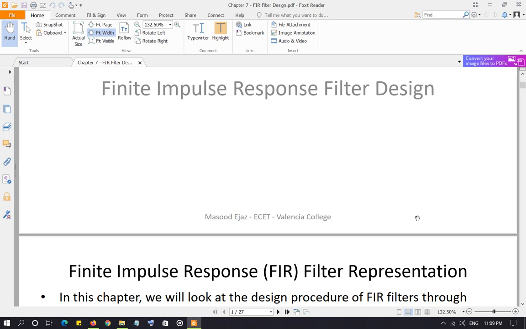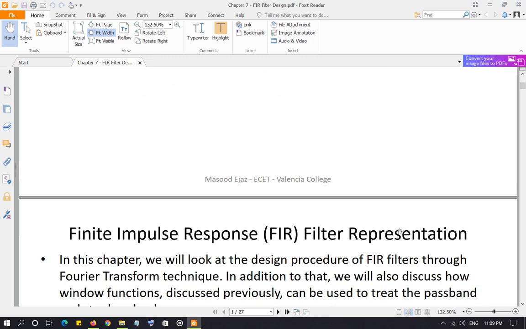On the other hand, IIR filters have previous instances of output, input, previous instances of input; anything is possible in the difference equation of IIR filters.